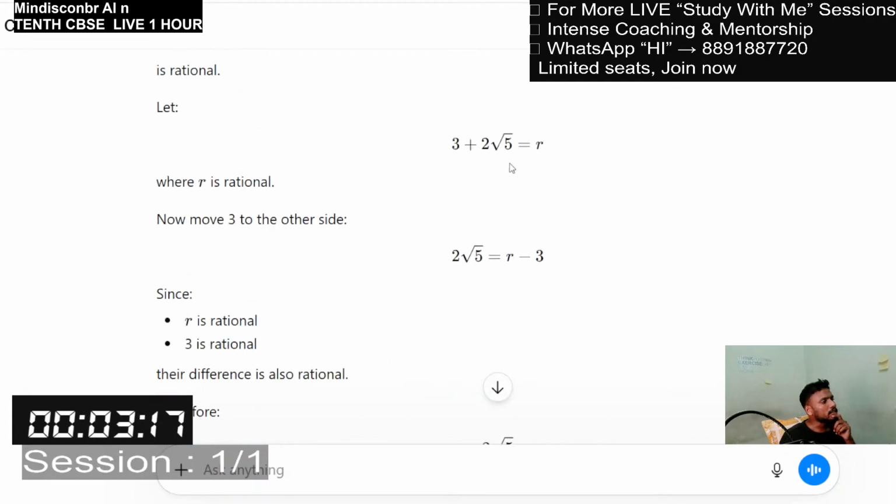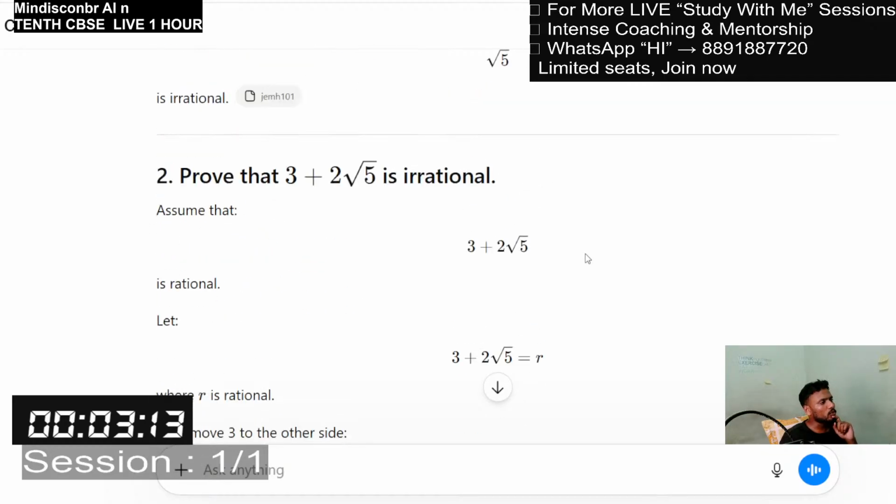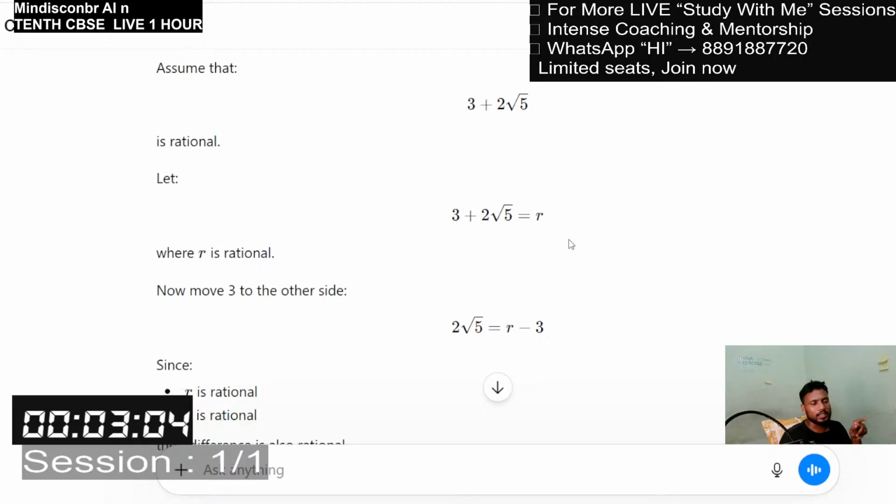Here instead of R, we have written a by b or p by q, but in ChatGPT, instead of p by q or a by b, they have given R, and that R is a rational number.